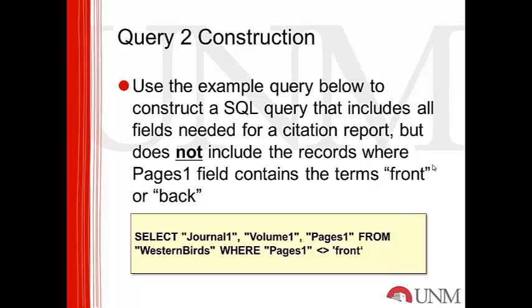We want to exclude these from the data set, so the query here reads that we want to select these fields from the Western Birds table where the field Pages 1 does not equal the word front.